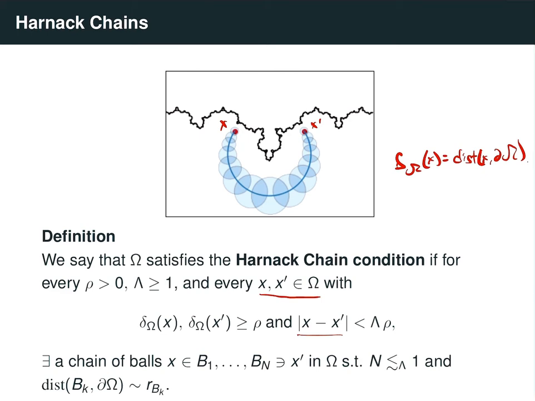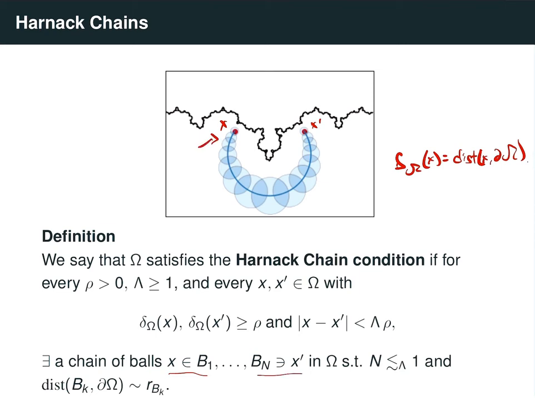So you should think of this as saying that the points x and x prime aren't that much closer to the boundary than they are to each other. And in particular, they are no more than a factor lambda closer to the boundary than they are to each other. Okay, so the Harnack chain condition says that whenever you have a pair of points x and x prime satisfying these inequalities, so they aren't too much closer to the boundary than they are to each other, we can find a chain of balls in omega starting at x and ending at x prime.